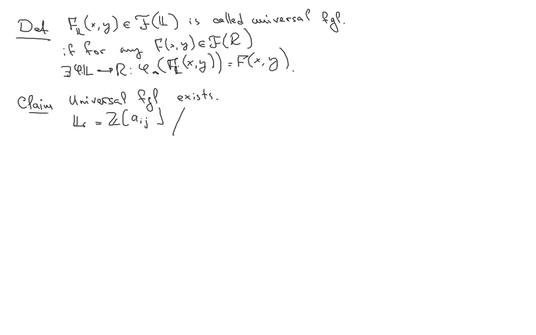The relations are of the following form: A_0j is equal to A_i0 is equal to 0, except the first one; A_ij is equal to A_ji; and there is some relation of associativity.